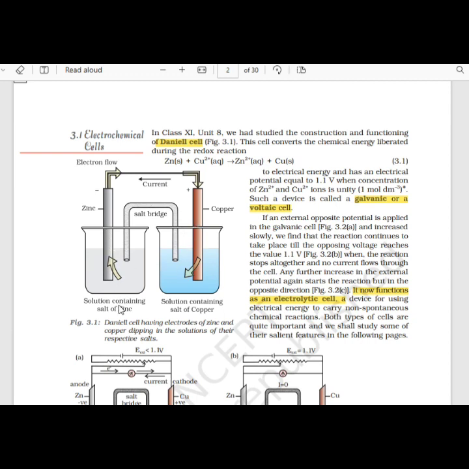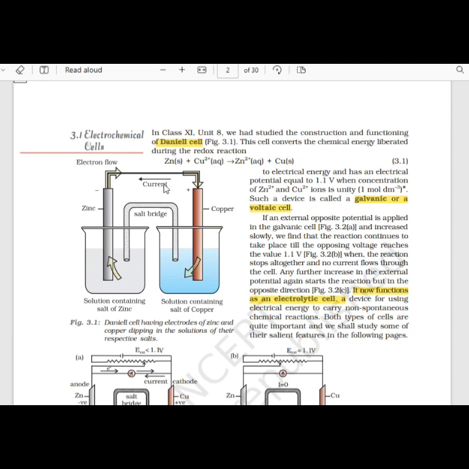For this, a zinc salt solution such as zinc sulfate can be used. Here copper sulfate solution can be used, and both the half cell reactions are connected by a salt bridge.